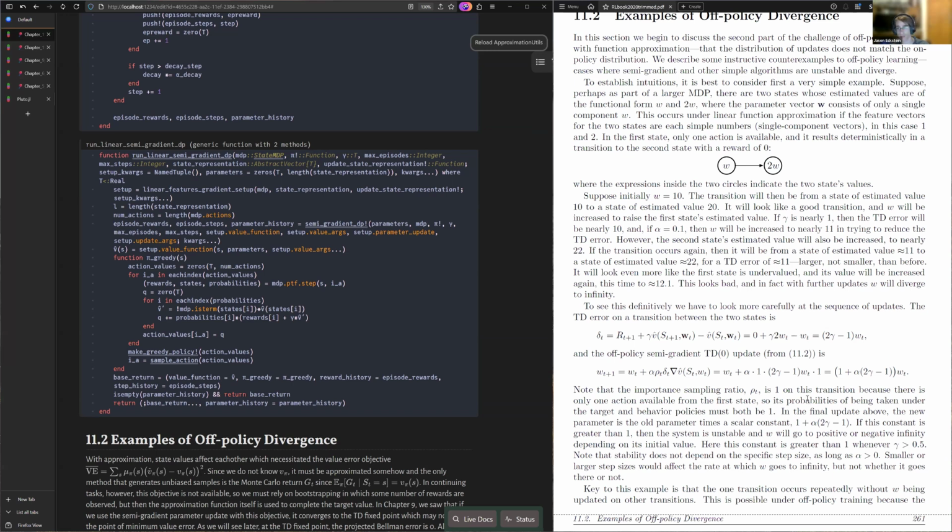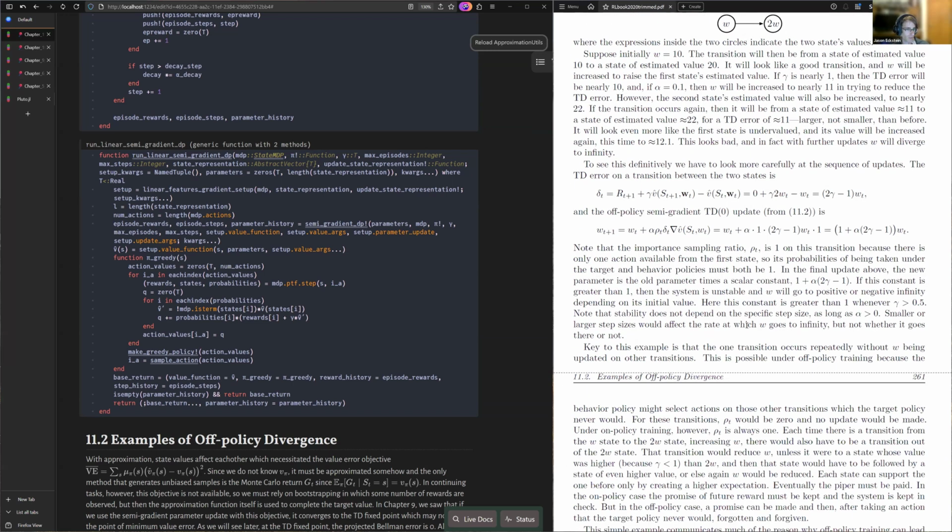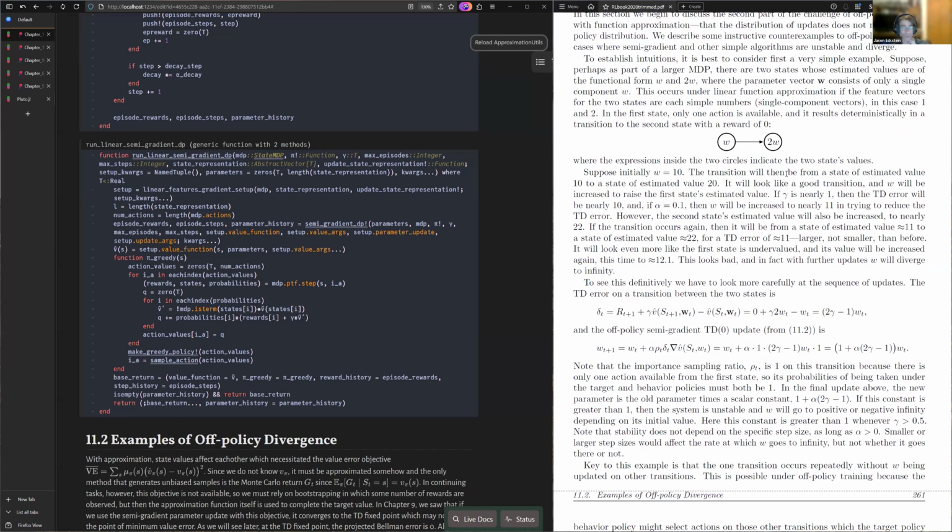So clearly this is a case of some sort of instability. And the source of the instability is the fact that these two values are linked. And because of the off-policy training, we only end up doing updates that cause this to diverge.